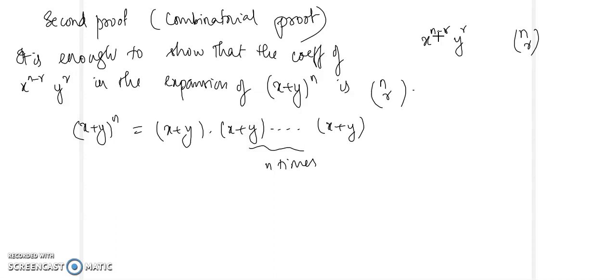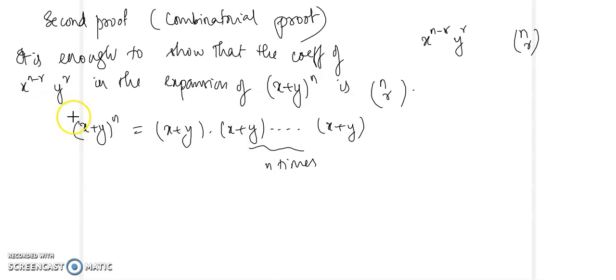So first I have to choose n minus r factors out of n. For those, when I take x plus y, I just take x; I will not choose y in that case. So I choose x n minus r times, and now from the remaining I will be choosing y.